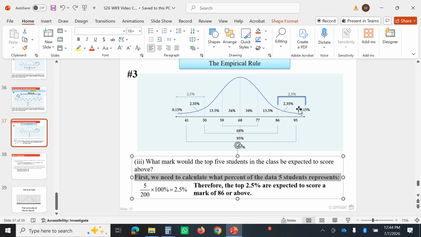Go to the top 2.5%, right? Because these guys here have the highest marks. These guys here have the lowest marks. Why? Because our grades are increasing. Higher numbers are on the right. Lower numbers are on the left. I'm looking for the top 2.5%. Well, there's the lower 2.5. Here's the upper 2.5. So I would expect the students would get a score of 86 or above.